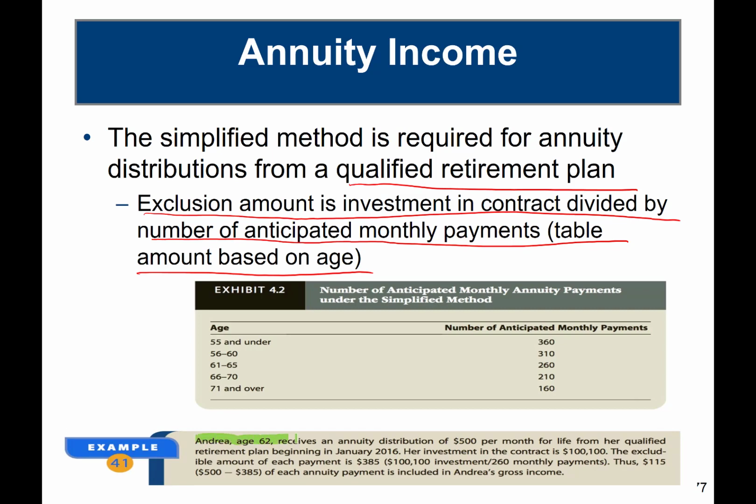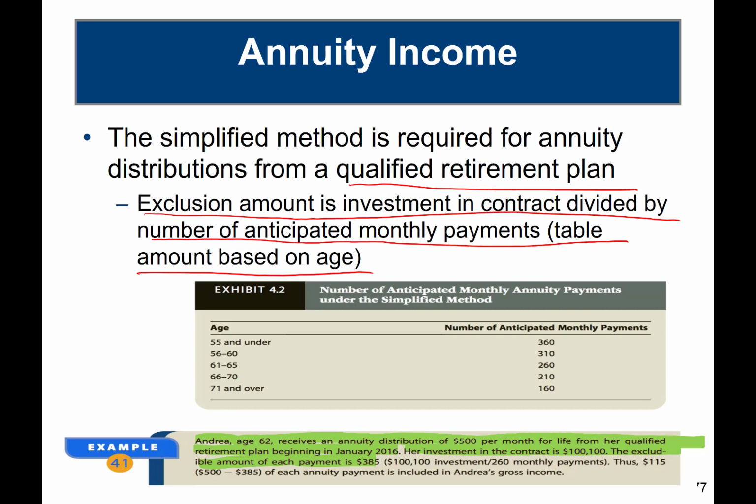Andrea, age 62, receives an annuity distribution of $500 per month for life from her qualified retirement plan beginning January 2016. Her investment in the contract is $100,100. The excludable amount for each payment is $385, which they got by taking what?